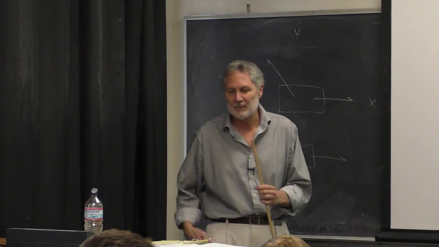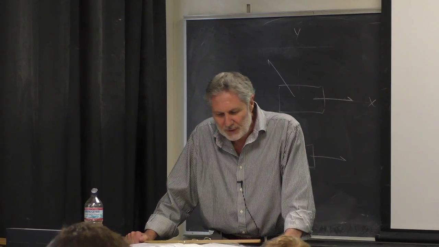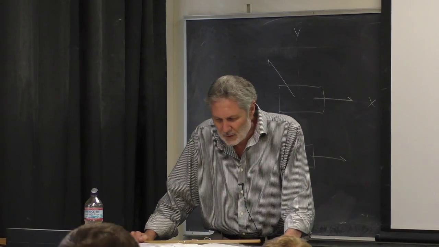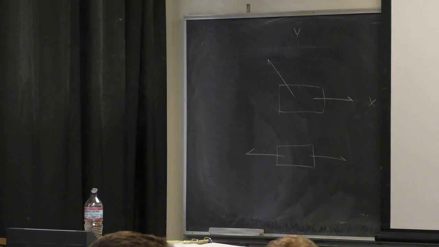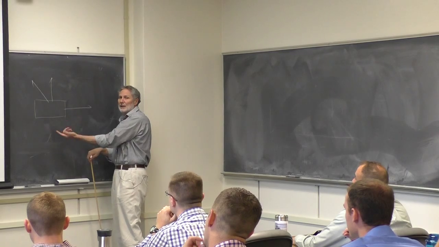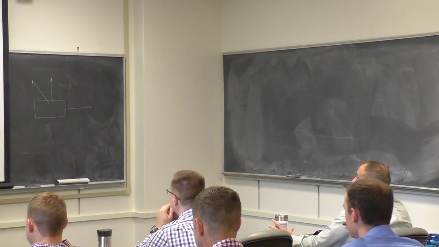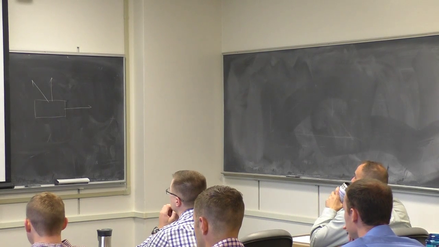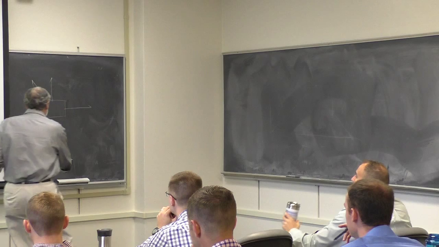Maybe I should have done that. I didn't. Anyway, 3 is no way. Something like this, we're stuck. We're going to have a net force in the y direction. There'll be acceleration in the y direction. What about 4? 4 is similar to 3, but we're flipping the pure y component.